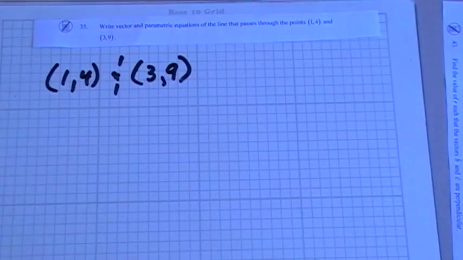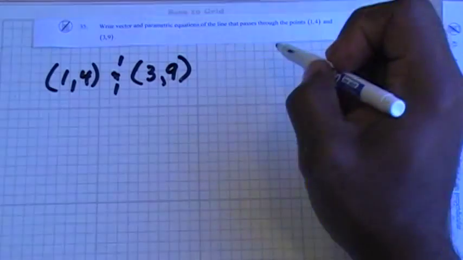All right, and it's fairly simple when we have this situation. So let's say we have it over here.